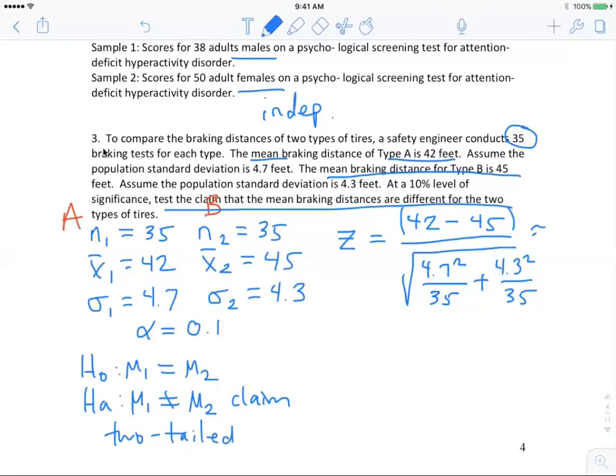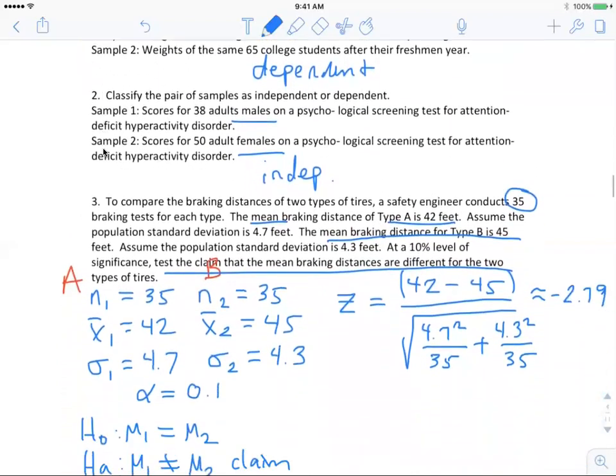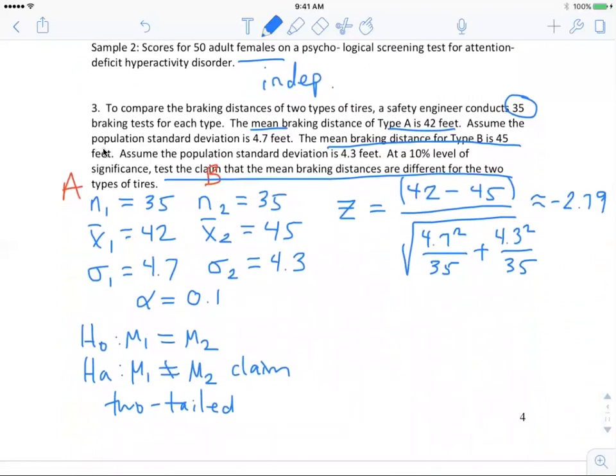So let's just squeeze that in right here, negative 2.79. And that's that formula. What we did there is we just ignored that piece and we did this. So that looks pretty clean. That's really what's new in this section.